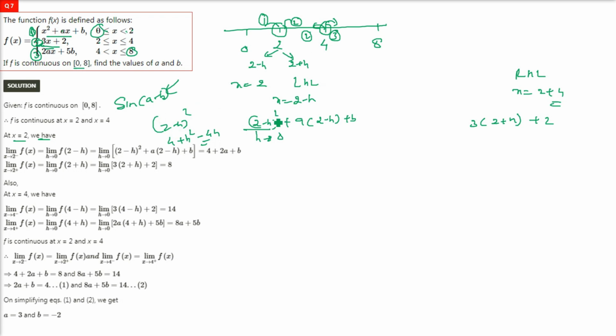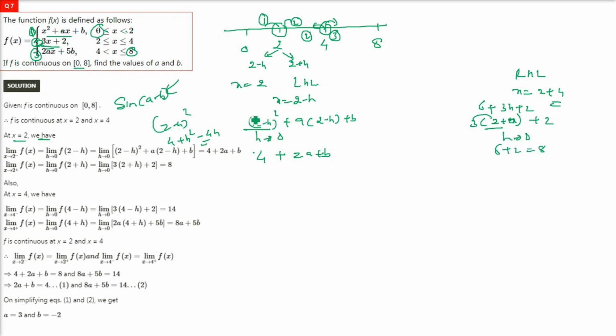In the previous question we saw sin a minus b had to be opened, then h tends to 0 had to be put. So h is 0: 2 square is 4, plus 2a plus b. Again here, 3 into 2 plus h is 6 plus 3h. This is how you have to do it. I am replacing h by 0, but you have to write 3 into 2 plus h, 6 plus 3h. As h tends to 0, you get 6 plus 2, which is 8.